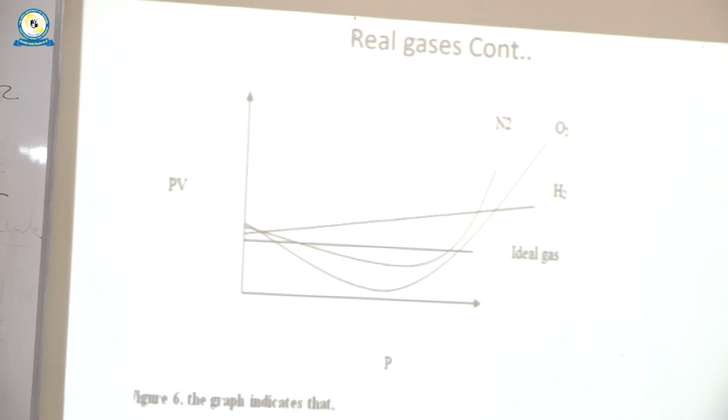Hydrogen makes a straight line. Oxygen also increases, but later on, as the pressure becomes very high, then it decreases. That is one practical indicator that shows that gases deviate from ideal behavior.